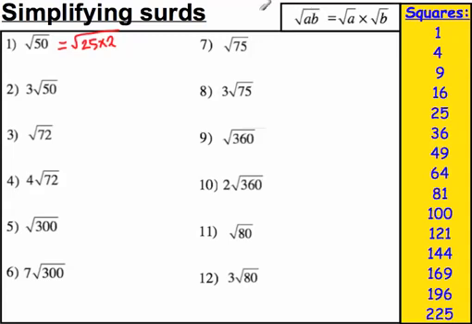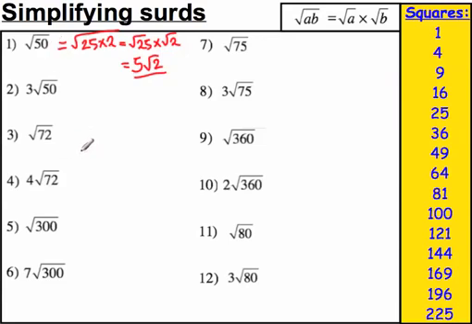Using this rule, that is the square root of 25 times the square root of 2. But hold on, what is the square root of 25? Well, it's 5. And 5 times root 2, a mathematician writes as 5 root 2. And that is the simplified version of root 50.